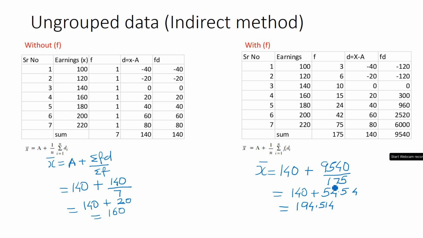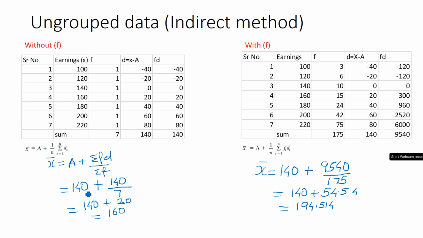Just to recap, for the indirect method, there are a few steps. First, you would calculate d, which is the deviation, which is x minus a. Assume a particular mean. In my case, I took 140, you could take 160, 180, 120. Find the deviations from that assumed mean, calculate fd, and then your formula would be x bar is equal to a plus summation fd upon summation f.